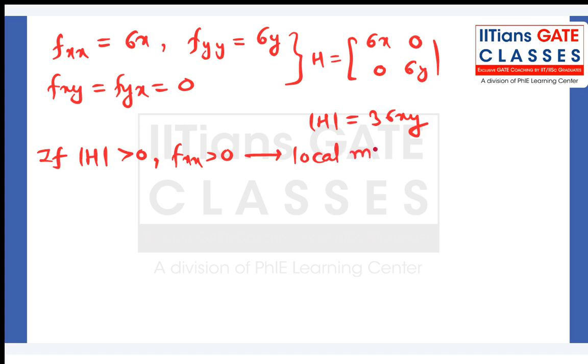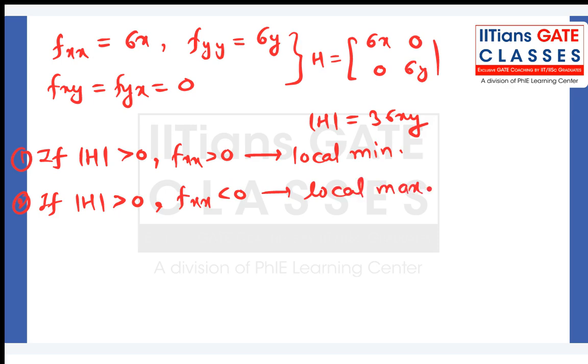This is the first case. The second case is if the determinant of the Hessian matrix is greater than 0 and f_xx is negative at that critical point, it is a local maximum. And third, if the determinant of the Hessian matrix is negative, then it's a saddle point. Okay, so now we have to check this for all the points. Let's go one by one.